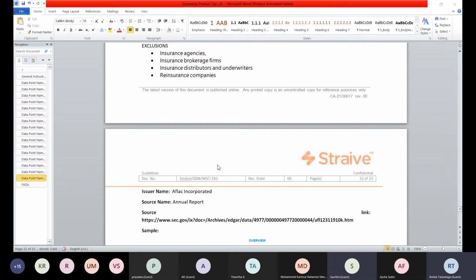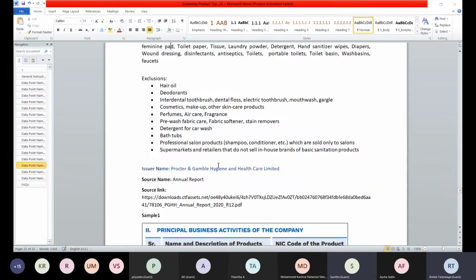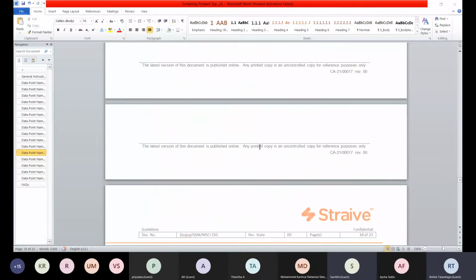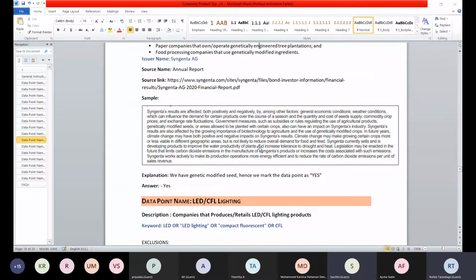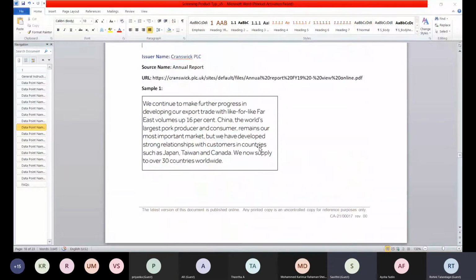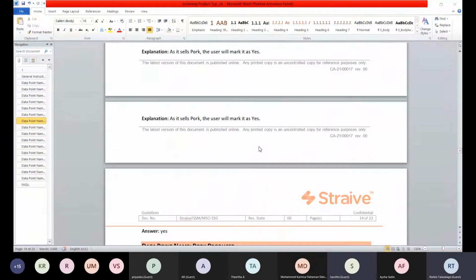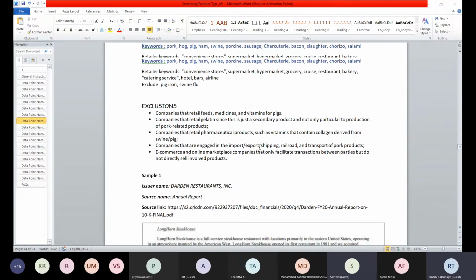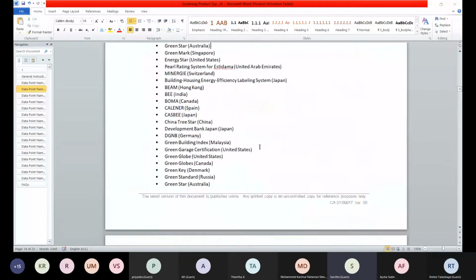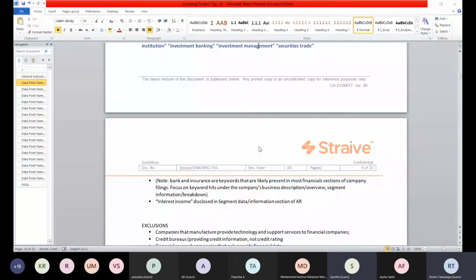Okay, so that's it. We have completed the screening part. Now, can anyone say in general when we can mark yes, when we can mark no, and when we can mark not reported in the case of screening product types? Yes, ma'am. This data point name refers to the company.